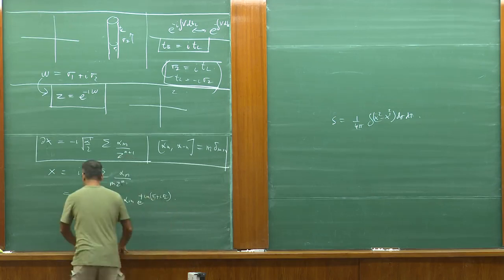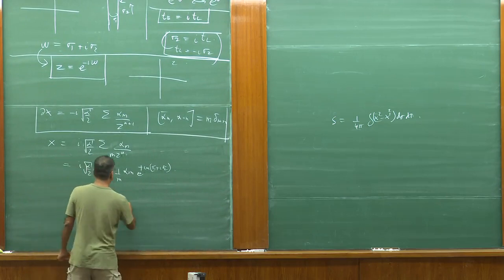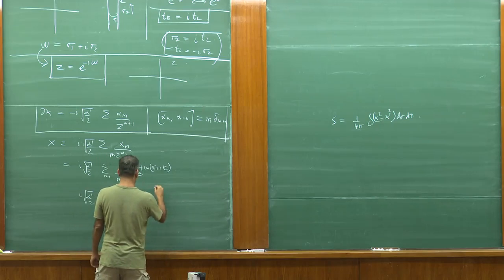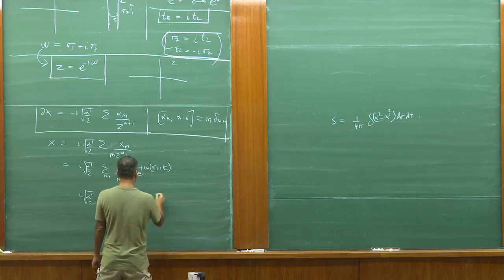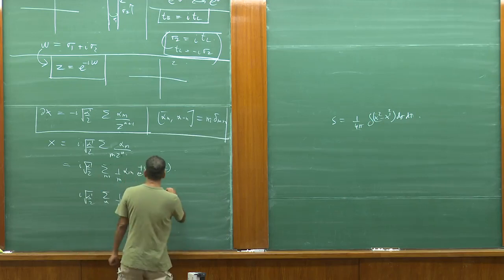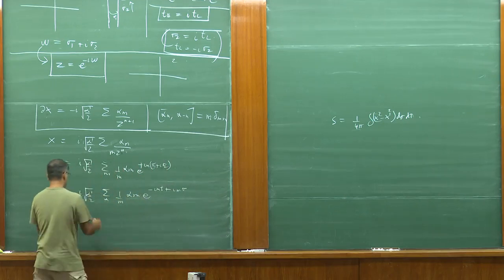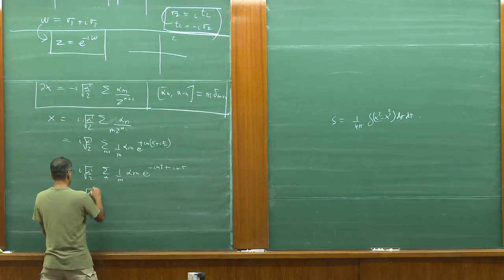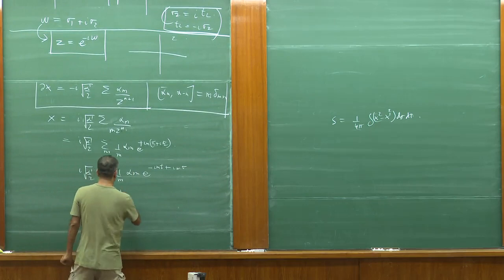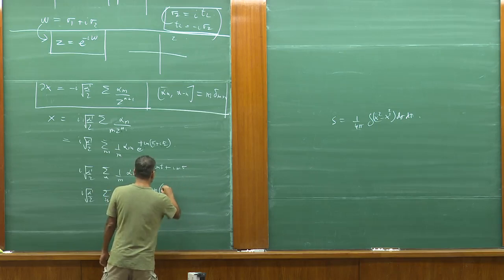Tell me if I got this right: i square root of alpha prime by 2 sum over m 1 by m alpha m e to the power minus i m t plus i m sigma. Or equivalently, i square root of alpha prime by 2 sum over m 1 by m alpha m e to the power i m into sigma minus t.